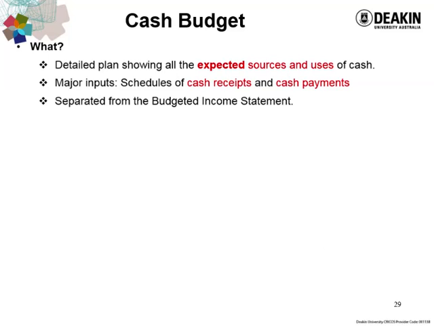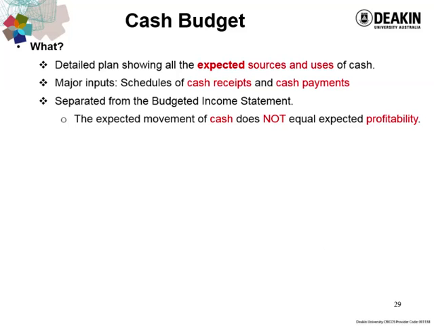Cash budget is different from budgeted income statement because the movement of cash does not equate profitability. Because profit can include non-cash or unrealized income and expenses. For example, we will consider depreciation when we calculate profit, but depreciation has no cash flow effect.